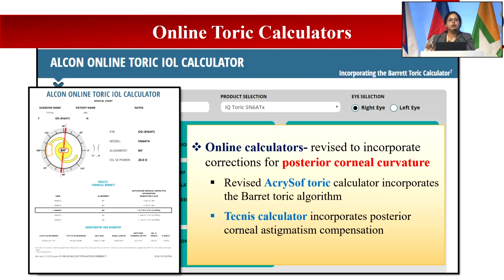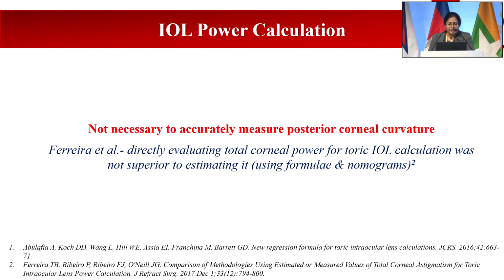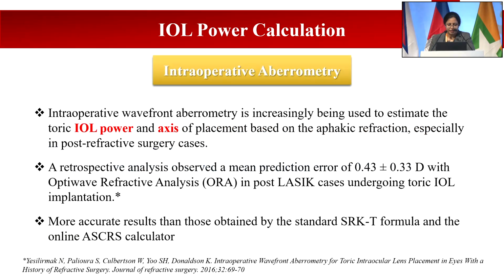You do have to take into account the posterior corneal astigmatism if you are doing premium IOL practice. It's not necessary to accurately measure using the high-end devices. Pereira et al. observed that directly evaluating the total corneal power is not superior to estimating it using formulae and nomograms. You just don't have to forget about it. You have to take it into account. Whichever method you use, eventually you will fine tune it to your practice.